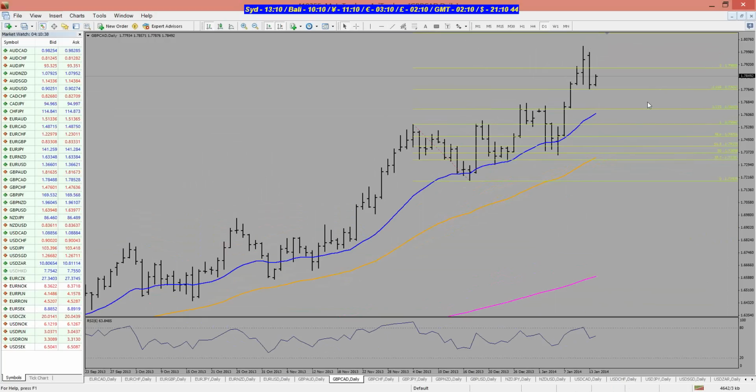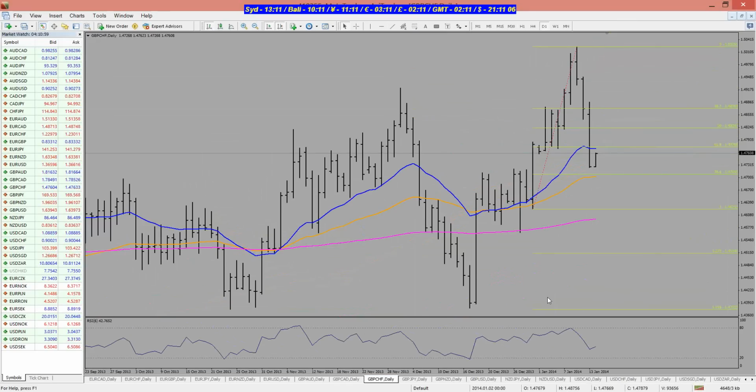Not ideal. Can't see the CAD getting stronger, which would push this back down, but it might get down to the 20. We'll have to see. Either way, taking this short off this is not ideal because your risk reward is not there.